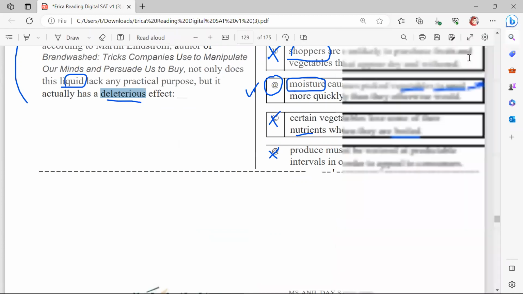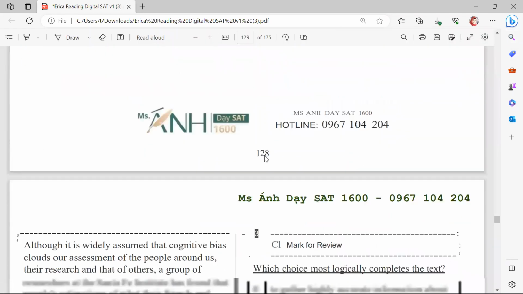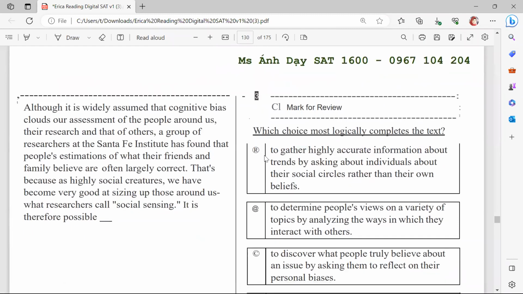But I tried not to look up the words on the spot in order to have the full experience like in the real test, with the same circumstances. Anyways, cognitive is related to the mind, the way of thinking, and so on.